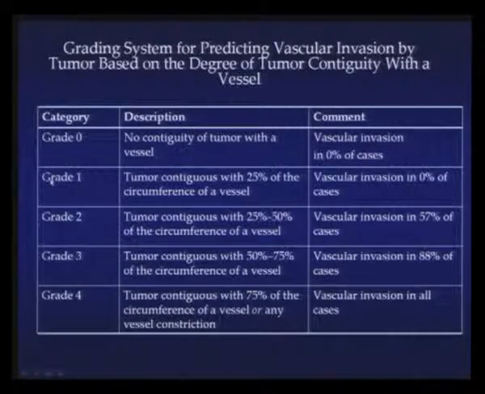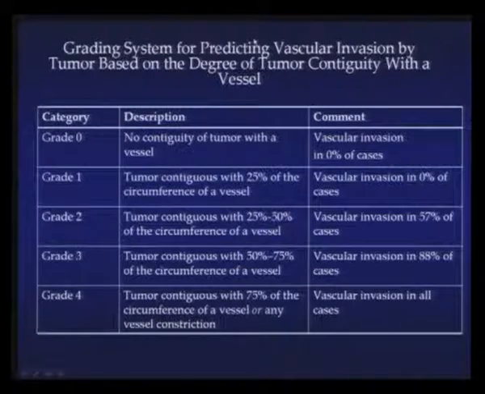In grade 1, we cannot see this fat plane, and so the tumor and the vessel are contiguous. In grade 2 and grade 3, there is a little difference because we see indentation on the vascular wall, and the difference between grade 2 and grade 3 is the involvement of the perimeter of the vessel.